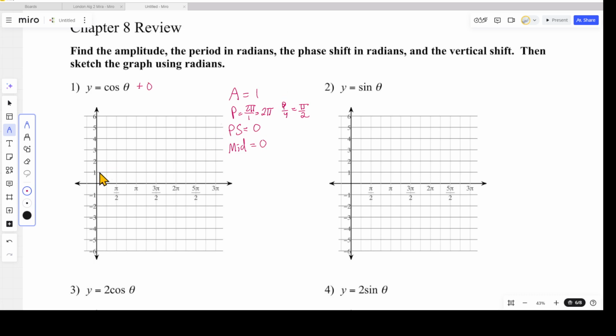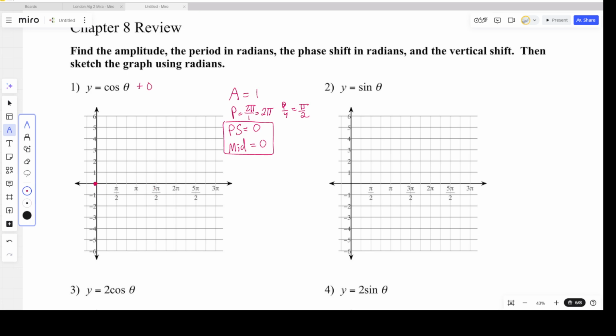So to make my graph, I'm going to try to make a habit of kind of making a box, and then I'll fill in the graph. I'll start by plotting this point, which will determine the center left of the box. My phase shift is an x-coordinate, so I'll go to the 0. And then the midline is a y-coordinate.